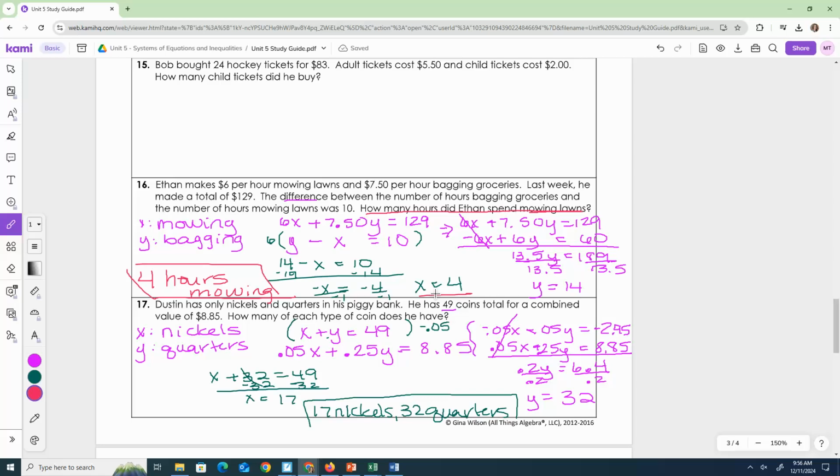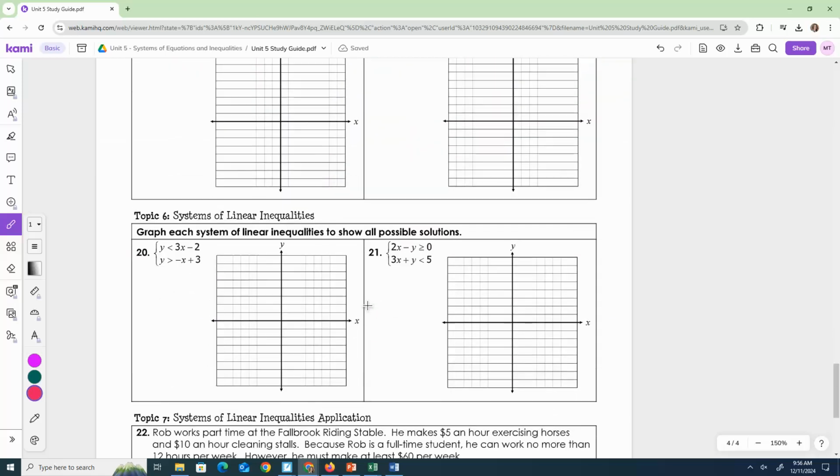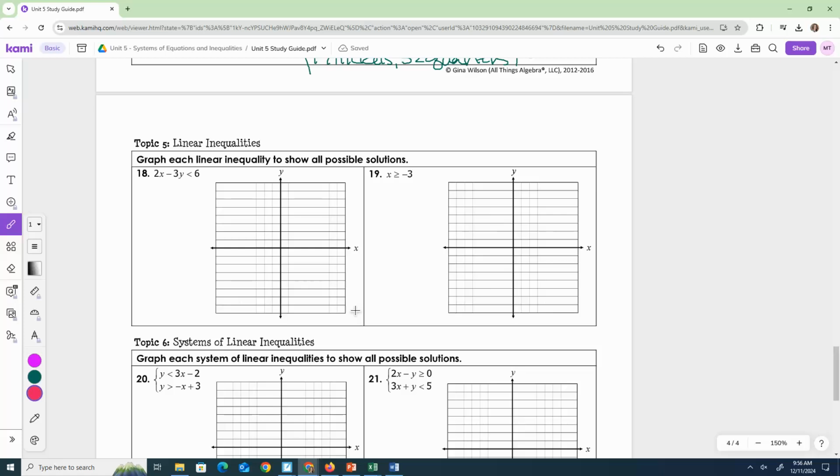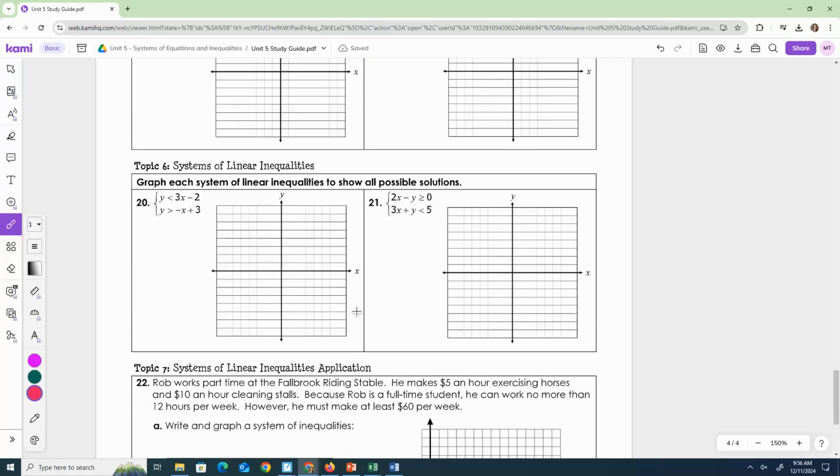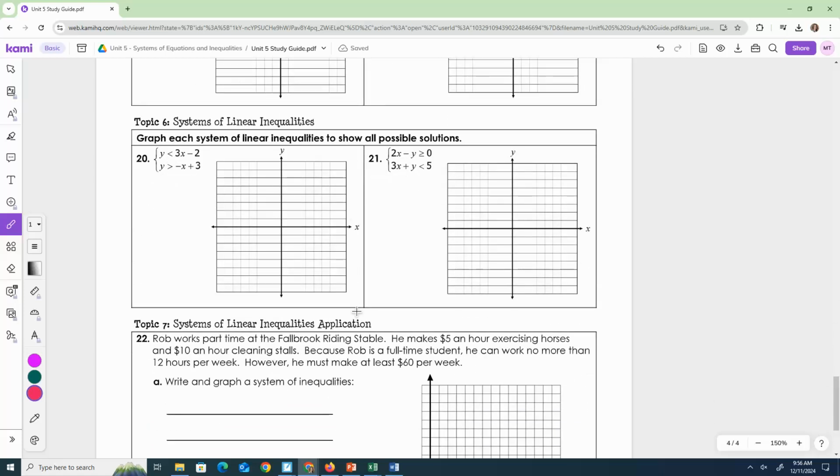Let's do an inequality problem. So 18 and 19, you're just graphing one line. Let's do 21 together. Remember, I did tell you yesterday to mark off problem 22, so we're not doing that one.